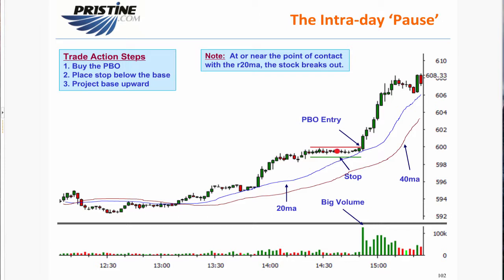But this is something that you can definitely scan for, just looking at what's trading at or near the high and low of the day, and it'll hopefully bring up some good quality looking consolidations like this. And then, of course, you buy the breakout. Once it clears the top of the range, your stop goes under the low, and then you manage it on up.